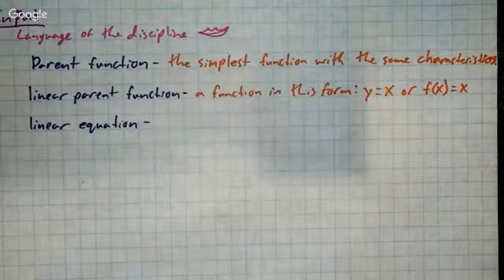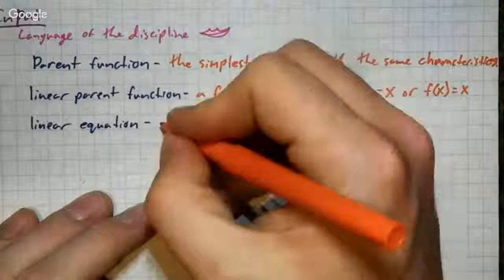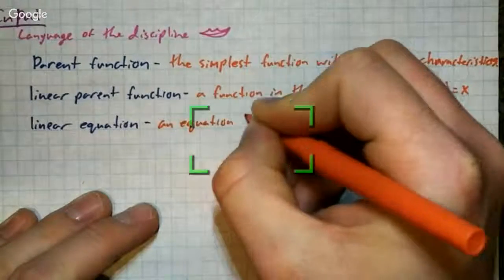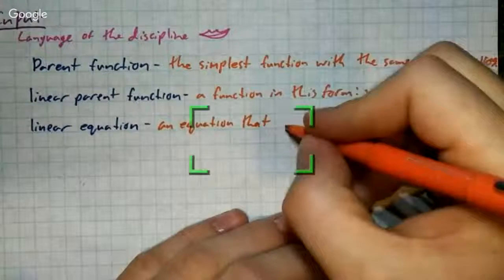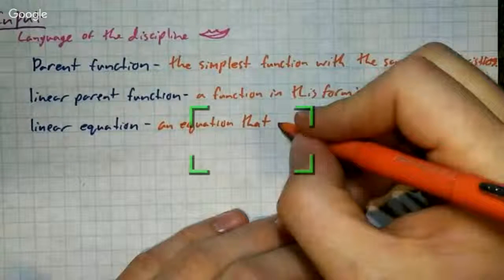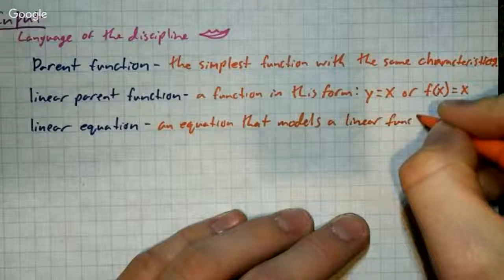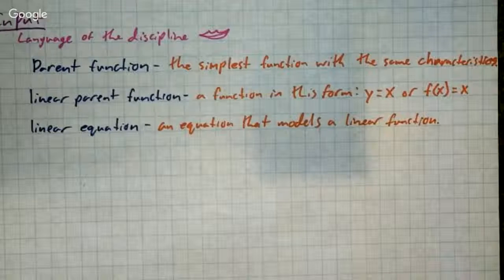Then we have a linear equation. A linear equation is an equation that models a linear function. And what that means is that it must be linear.